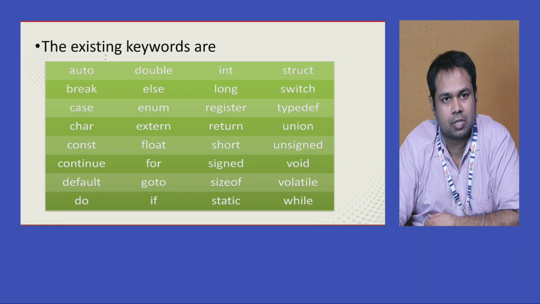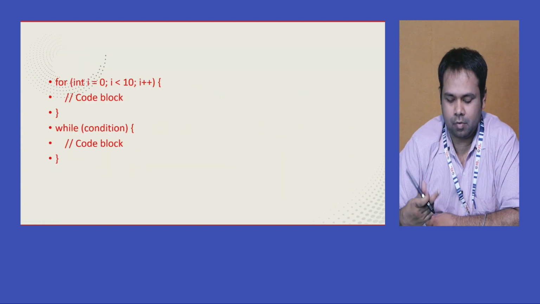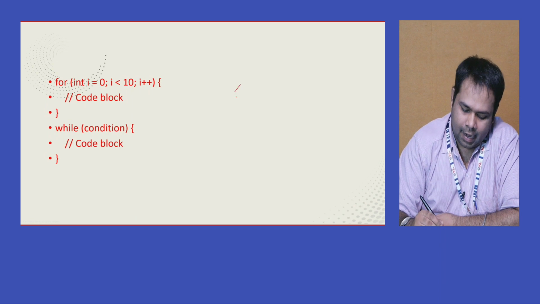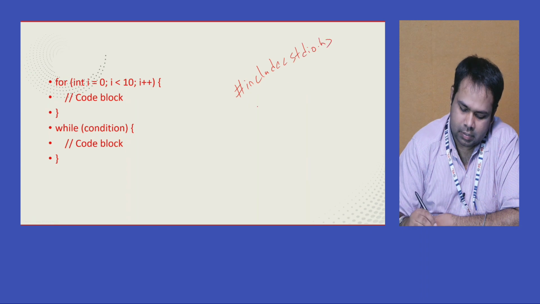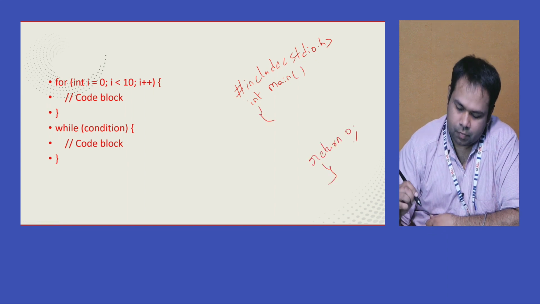Before going to the next session, I am going to write one small example. Let me write hash include stdio.h, int main. And at last you are going to write return 0.